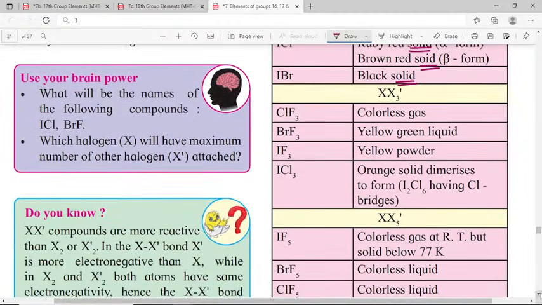This is again a gas. ClF3 gas. Next, liquid. Yellow powder is solid. This is solid. Again solid. This is IF5, colorless gas. BrF5 liquid.